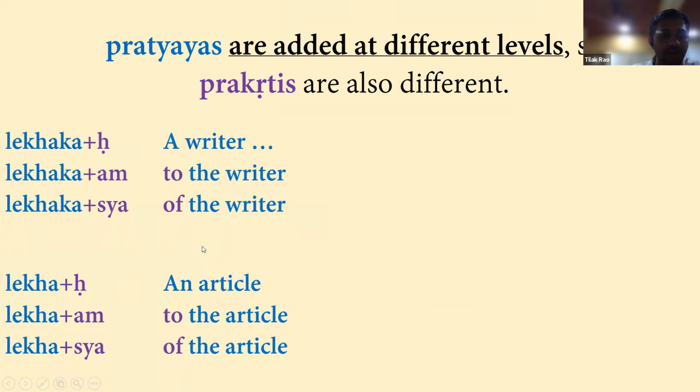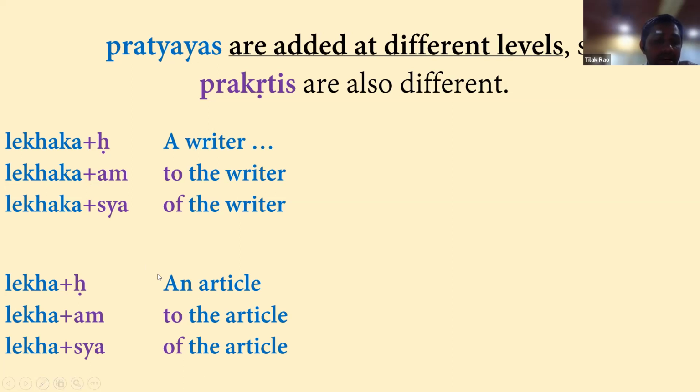So lekhakaha, lekhakam, lekhakasya, there are three words. And again, lekhaha, lekham, lekhasya, there are again three words. In lekhakaha, lekhakam, lekhakasya, there are three pratyayas: ha, m, sya.